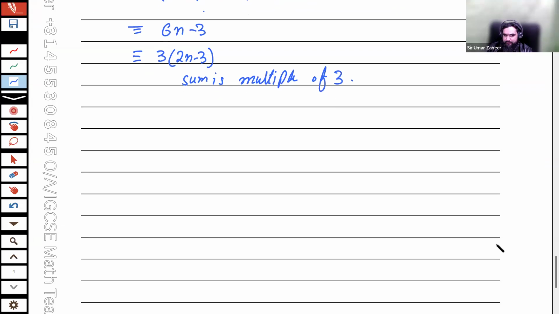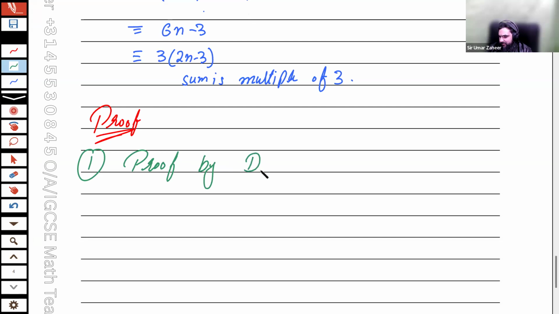So you can say that the first type, what we will do, is proof by deduction.